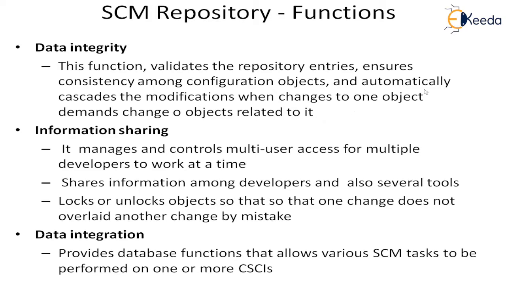Because it is keeping some relationship, this is an automated system, so it is able to keep the relationship between the objects. So by using that relationship, whenever there is a change to one object, it will cascade the change to the related objects also, or maybe it will notify that these are the changes that you have to do.